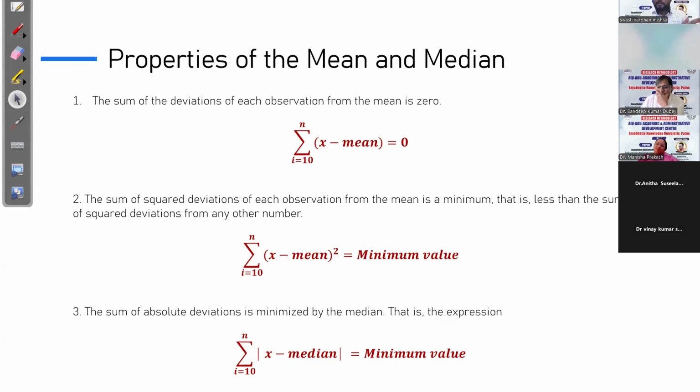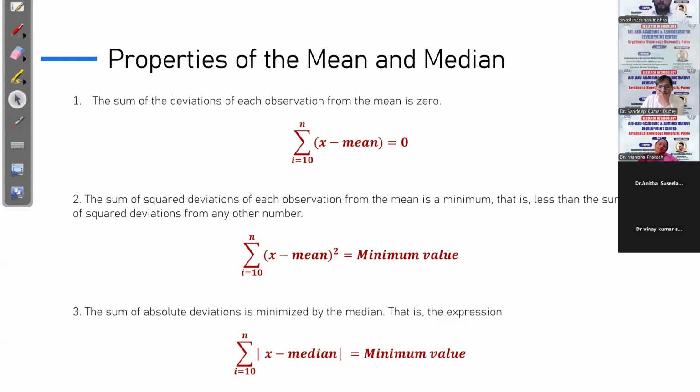Based on the absolute deviation, where you do not consider the minus sign, you subtract x from the median value, which is the middlemost value of a data set. If you have 5 observations or 15 observations, the middlemost value is your median.